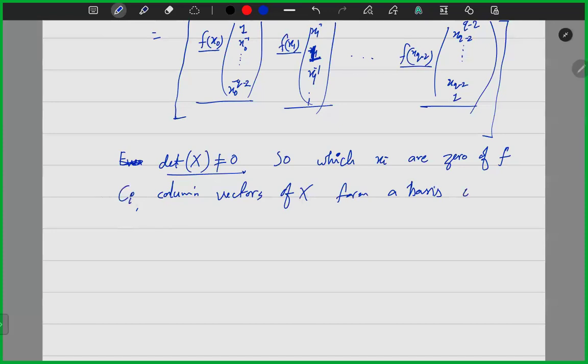Which goes to F(Xi) times some vector, some Vi. F(Xi) is a constant here. And these are also linearly independent, so no need to worry about that. But these constants matter.